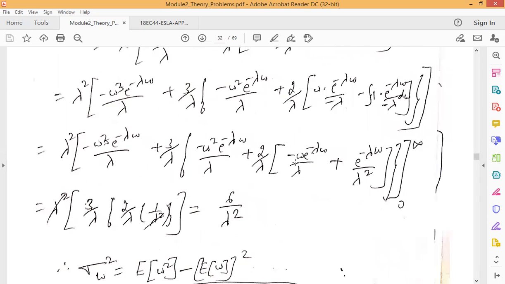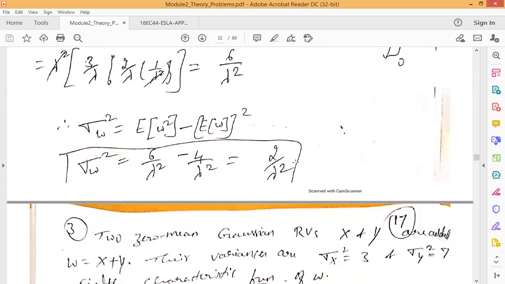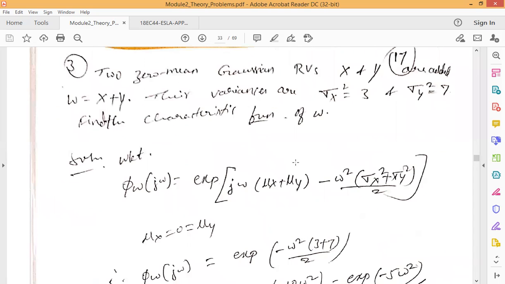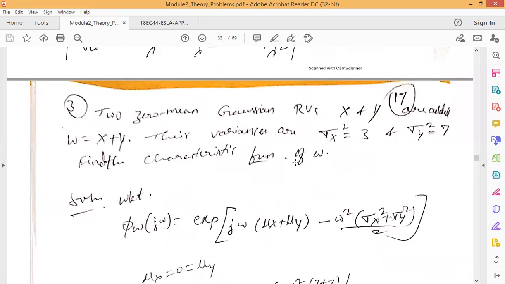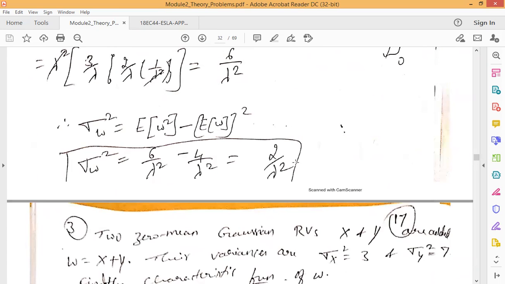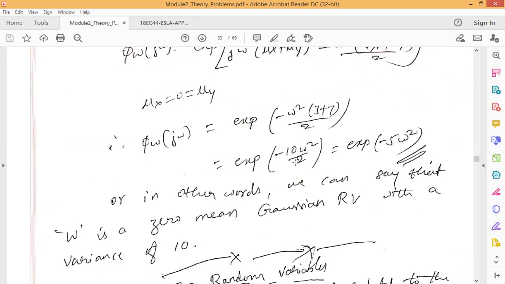So we can state that whenever we add two identical independent exponential random variables, it leads to the Erlang random variable of order 2.